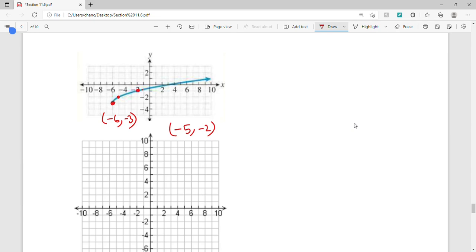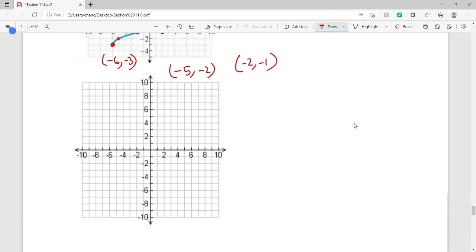This is the point -2, -1. But what is our inverse function going to look like? Well, it's going to send -3 back to -6. It's going to send a -2 back to -5. And finally, it's going to take a -1 back to a -2.